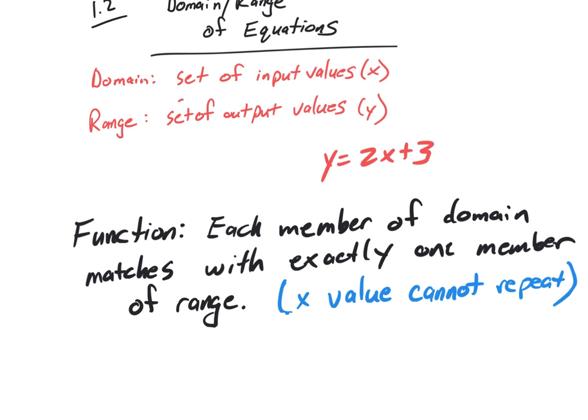Sometimes it might be a set of ordered pairs. Sometimes it could be a table of values. Sometimes it might just be an equation. And we have a lot of different ways that we're going to determine if a relation is a function. But the biggest thing that we're going to ask ourselves is, does the x value repeat? We're going to determine it sometimes off the graph, sometimes off an equation, sometimes just by looking at some ordered pairs.